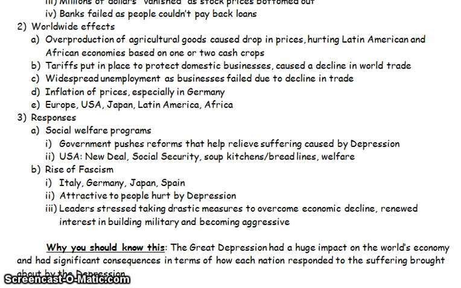They should use deficit spending, go into debt to revive the economy. So government is going to push for reforms that are supposed to help with the depression. So in the United States, they're going to do the New Deal programs under Franklin Delano Roosevelt. Social Security, soup kitchens, bread lines, welfare, all this stuff starts. And it's not just in America, but in other countries as well.